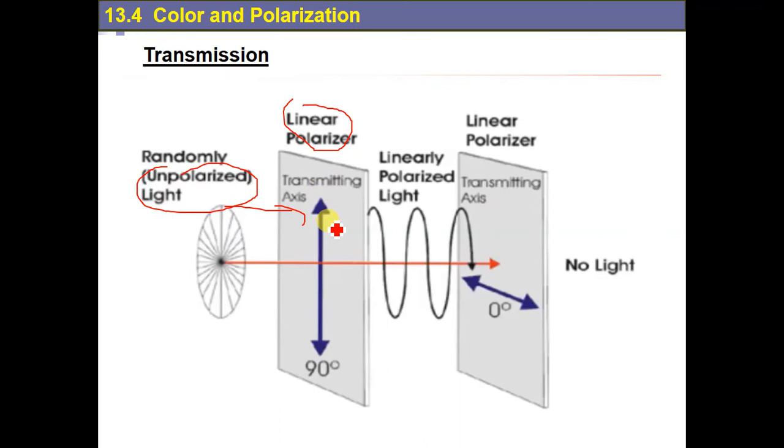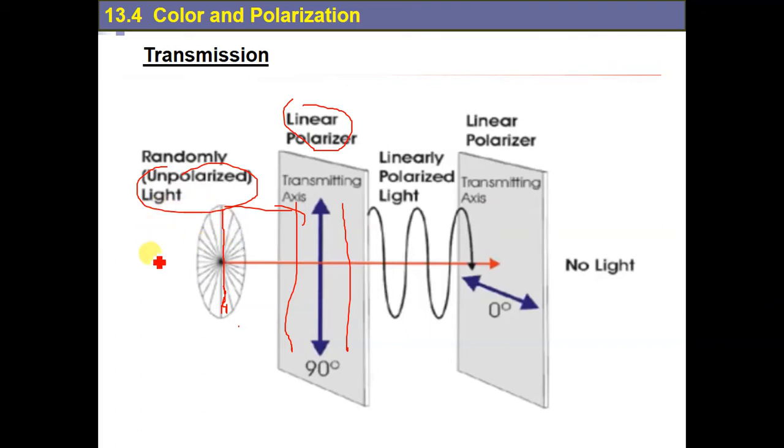The transmitting axis will be given, so it means all the molecules or atoms in this crystal are arranged like this, vertically, so they allow only the light which is vertical to pass. All other directions are absorbed by this material.